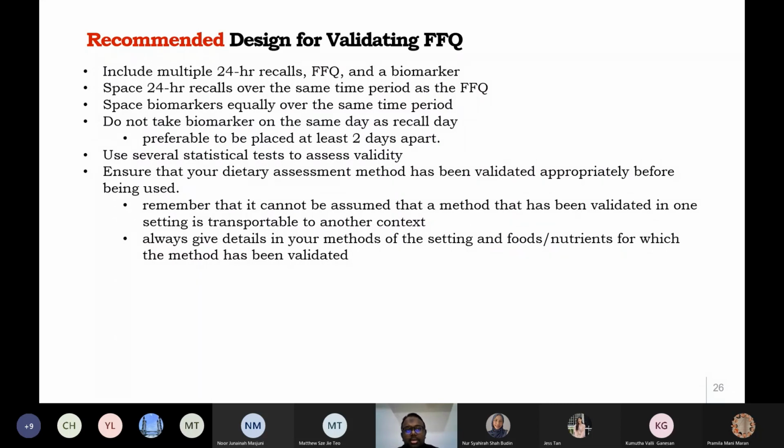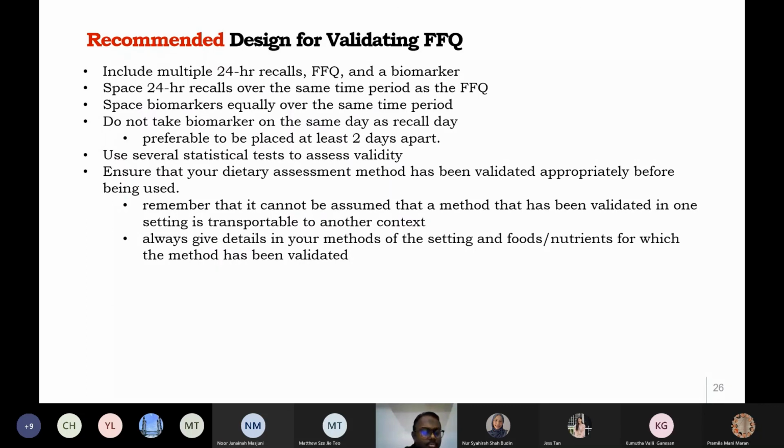You can do a cross-tabulation chi-square test to see whether the ranking for FFQ and 24-hour diet recall is similar for a person. We can also do intra-class correlation. These are all advanced tests that you can do. The normal ones will be correlation, paired t-test and Bland-Altman.